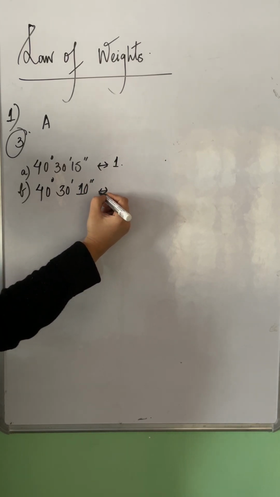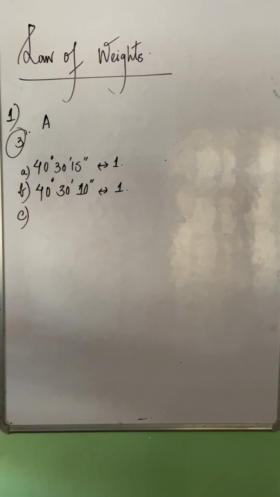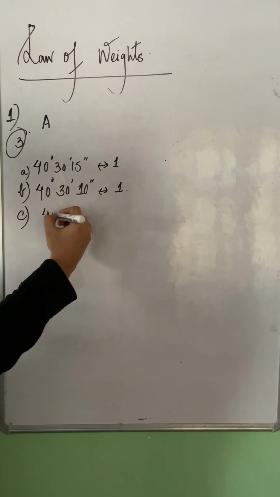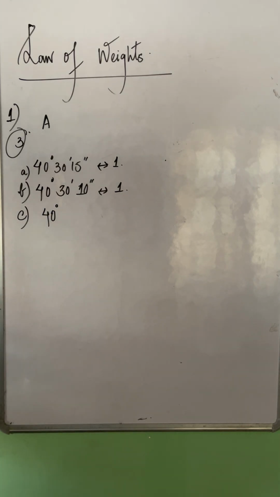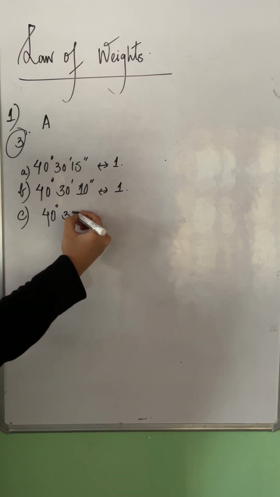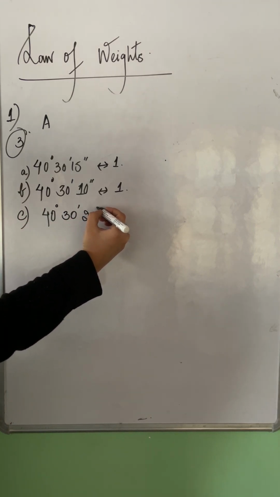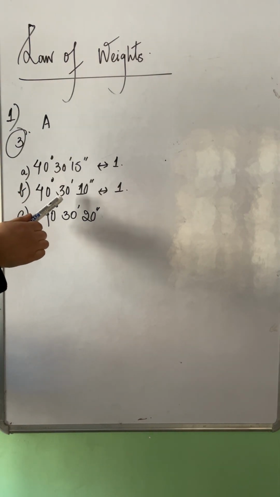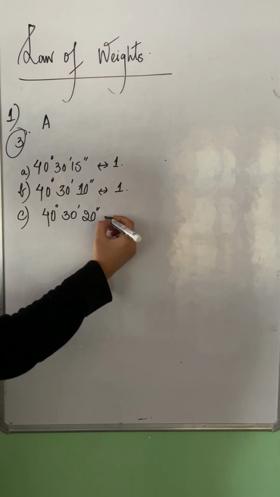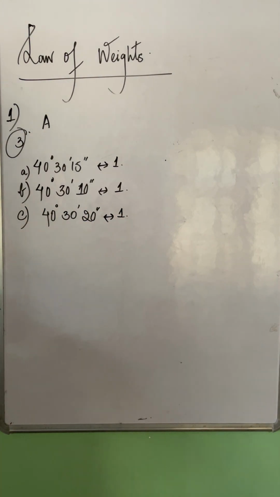It also has a weight of unity. And the third observation, we have the measured value of this angle A as 40 degrees, 30 minutes, and let's suppose 20 seconds. This angle A is measured 3 times, and every time we get these readings, and each quantity has a weight equal to unity.